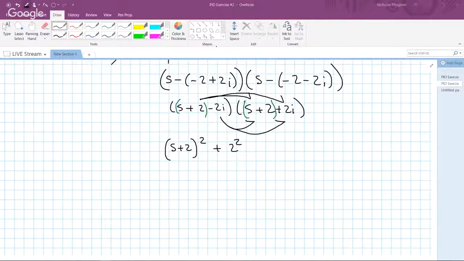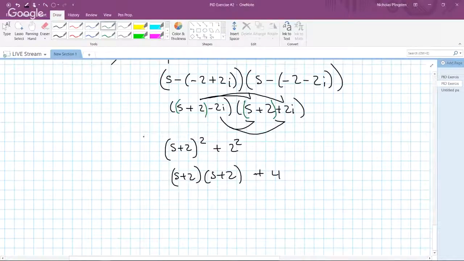Another way to look at that is just S plus 2, S plus 2, plus 4. And I can further FOIL that S plus 2 times S plus 2 out.